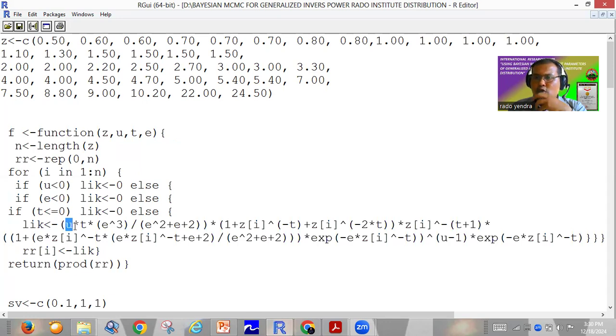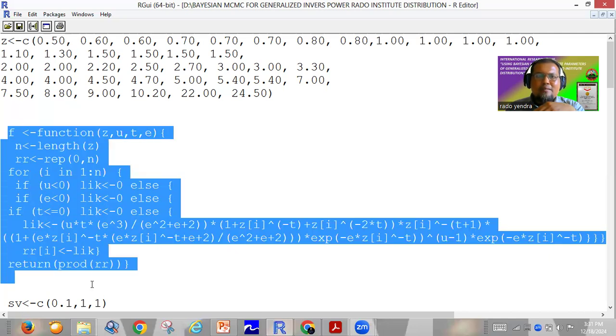The new parameter means beta, T means alpha, and E means theta. So nu is beta, T is alpha, and E is theta. So this coding is for the likelihood function.